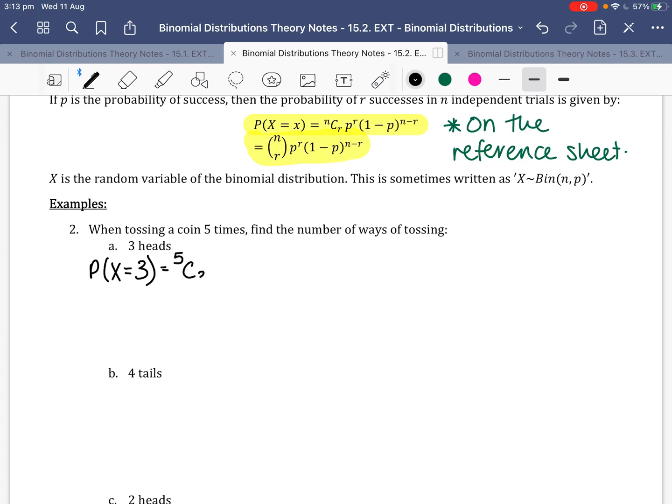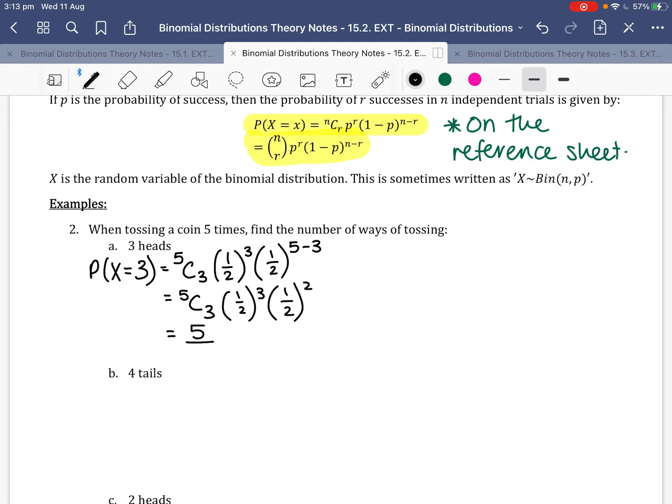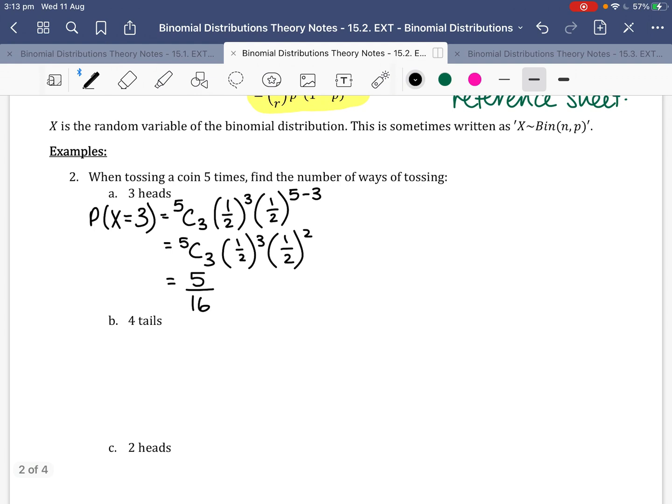Choose 3 because we want 3 heads, and the probability of tossing a head is a half, so p is a half to the power of 3 because we want 3 heads, and then a half to the power of n, 5 minus 3. So this looks like 5 choose 3, a half to the power of 3, a half to the power of 2. We then put this into our calculator to get 5 over 16.